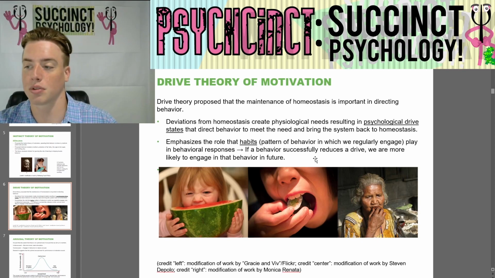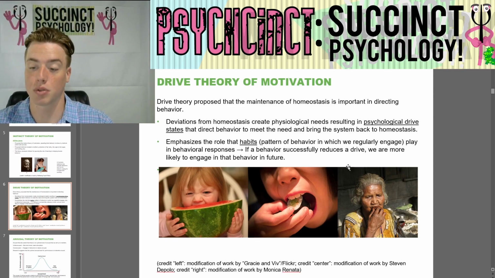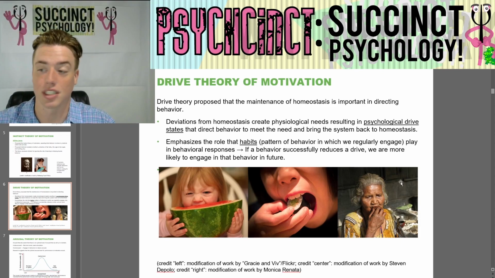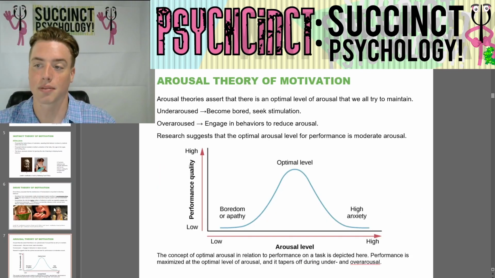So if a behavior successfully reduces the drive, we are more likely to engage in that behavior in future. So here you have a little girl eating some watermelon, sushi, and I don't know what she's eating, but it must be good. So that physiological drive state directs your motivation. I'm guessing they're saying here the motivation is they're hungry, so they're motivated to eat.